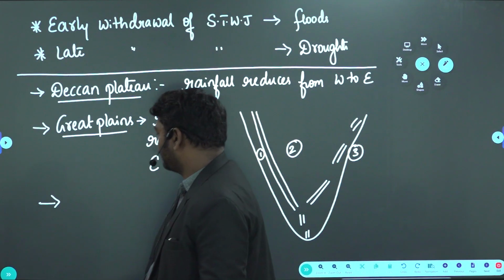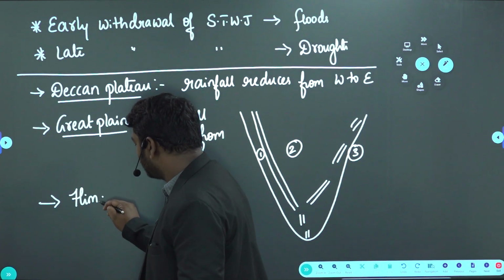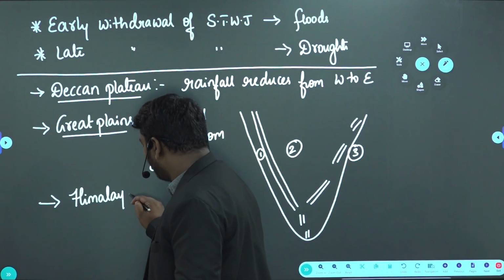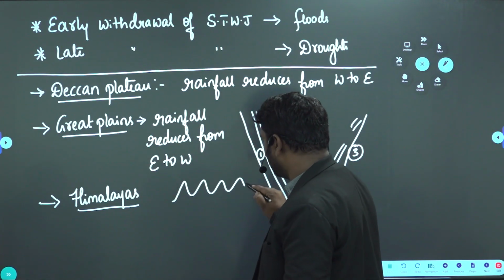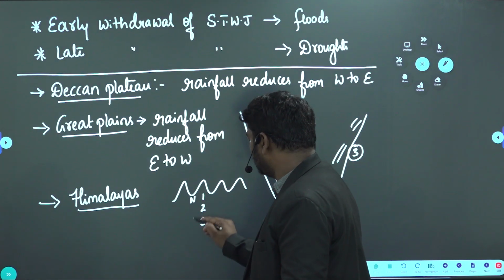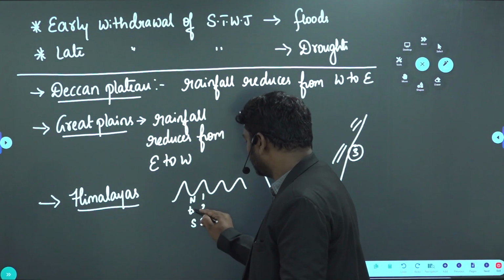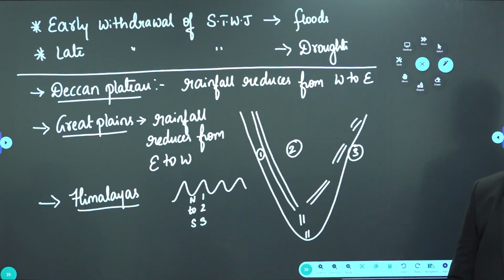Then, guys, if we take the Himalayas, imagine you have Himalayas 1, 2, 3, north to south. Will it increase or decrease?